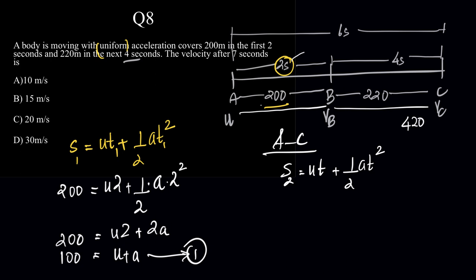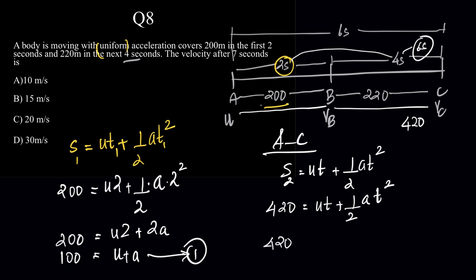Time would be the complete time, 2 plus 4, which is basically 6 seconds. So S2 is 420, which is equal to ut plus half into a into t square. T is 6 seconds, so this becomes 420 is equal to 6u plus, 6 square is 36, 36 by 2 is 18, so 18a. If you divide the entire equation by 6, what do you get? 70 is equal to u plus 3a. And we may mark this as equation number 2.